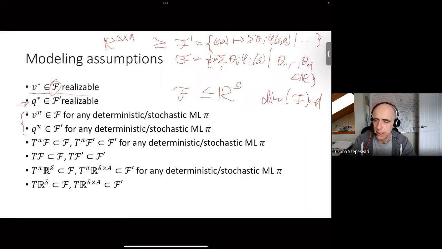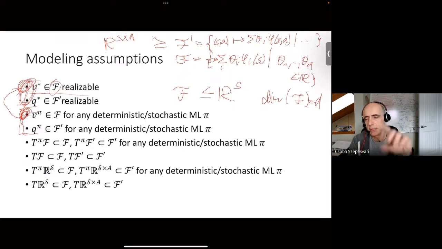Obviously these are less general than the first, right? They rule out more MDPs, because if this holds, then definitely the first holds. If for any policy V pi is in F, then V star is in F, because there is a policy that realizes V star. So the optimal policy's value function is also representable. So the first condition is more general, less restrictive than this third.